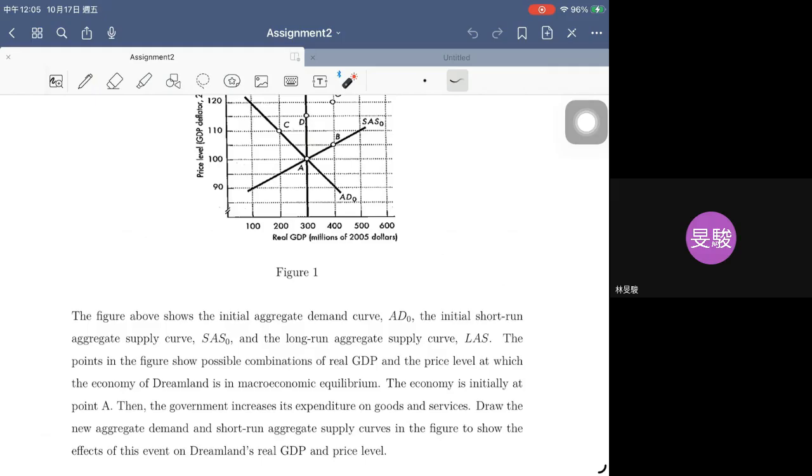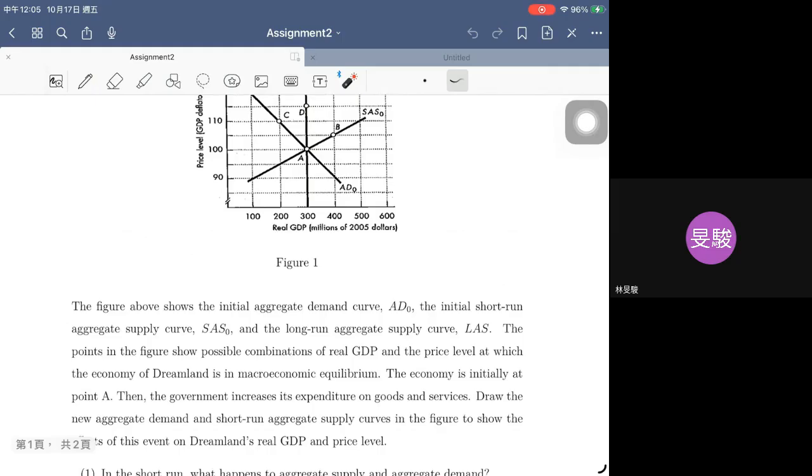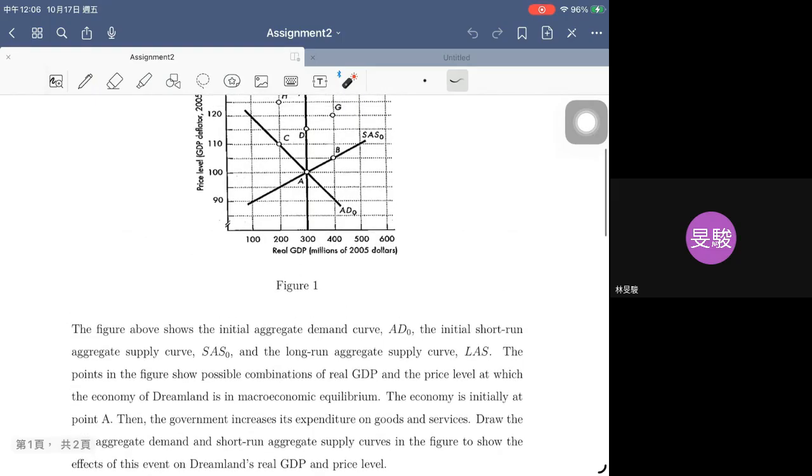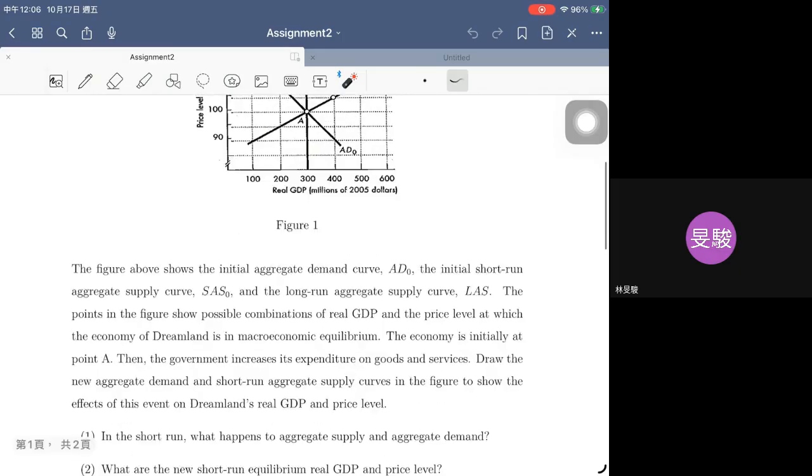The points in the figure show possible combinations of real GDP and the price level at which the economy of Dreamland is in macroeconomic equilibrium.